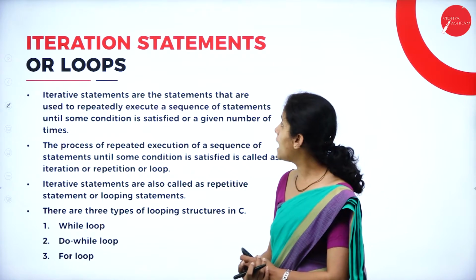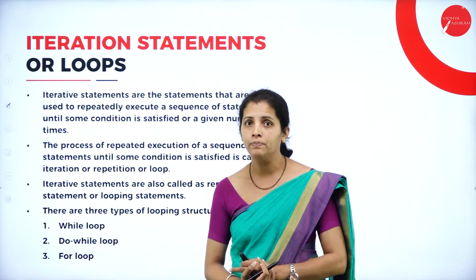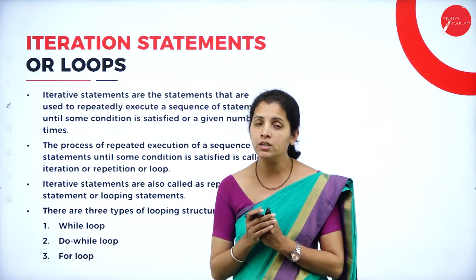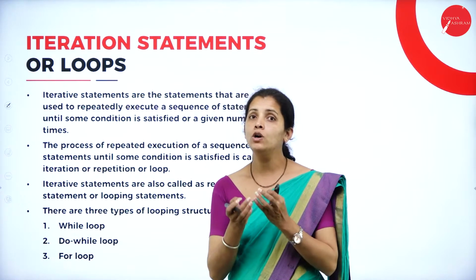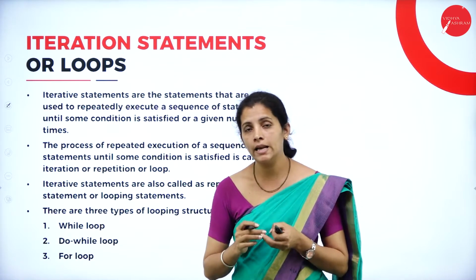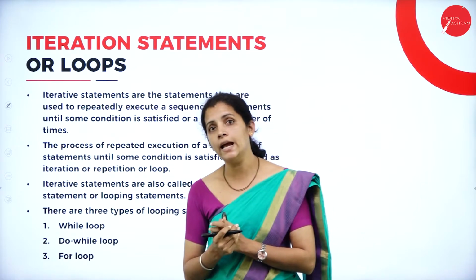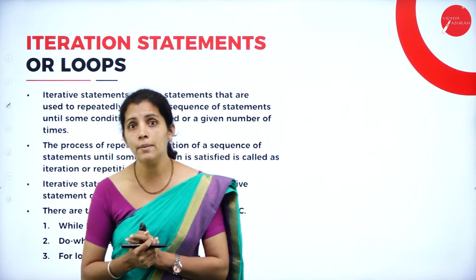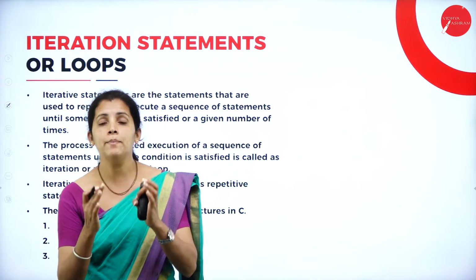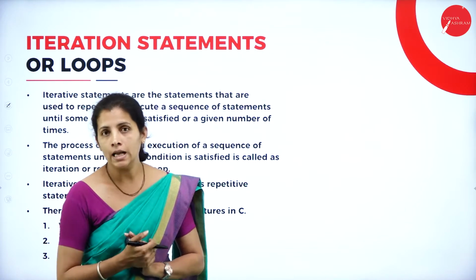Now, I'm going to have the iteration statement or looping. There are certain situations in my program where I want to repeat the same block of statements again and again. Instead of writing the same statement again and again, I can place all those statements in my looping construct.